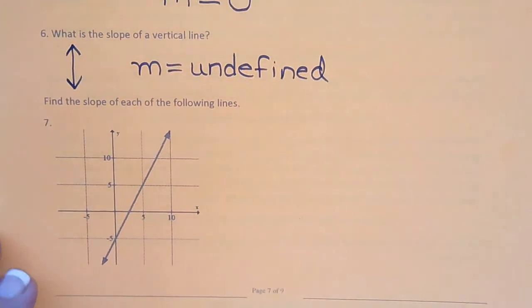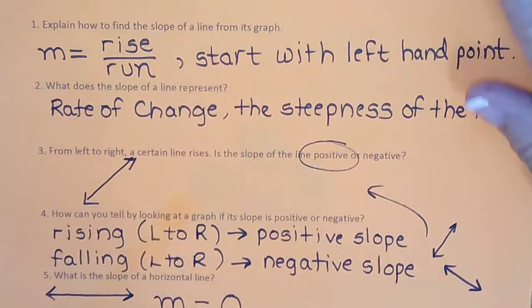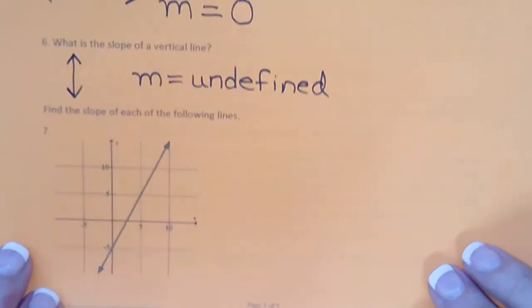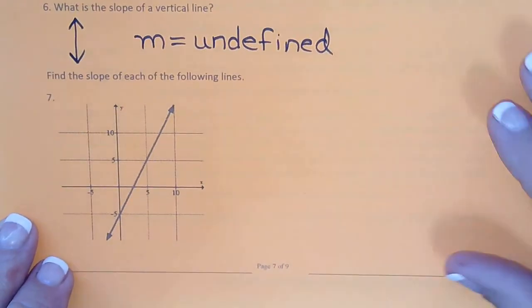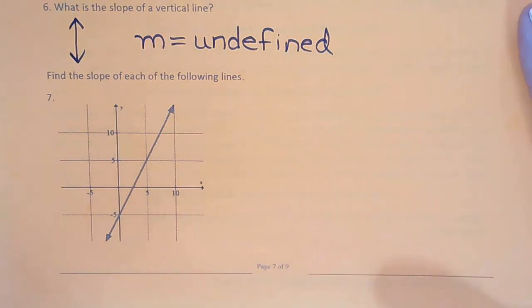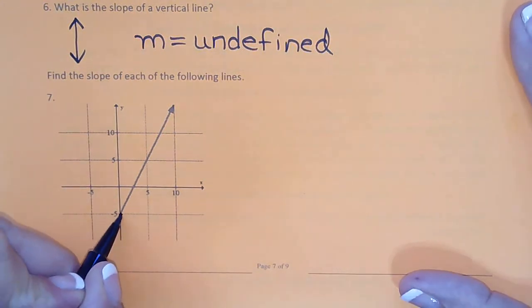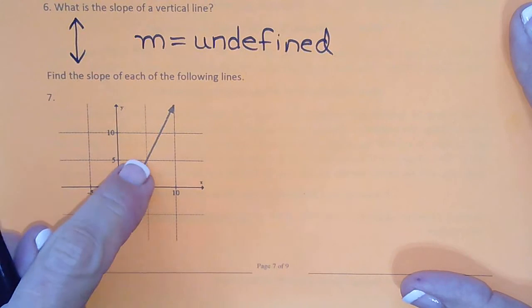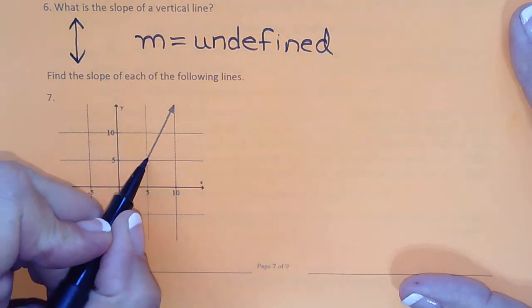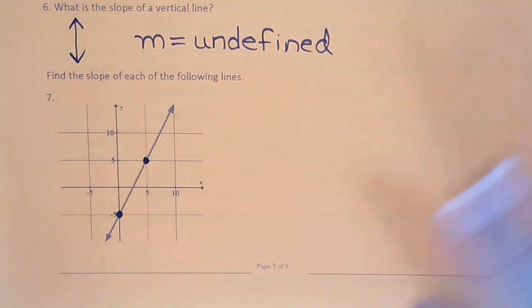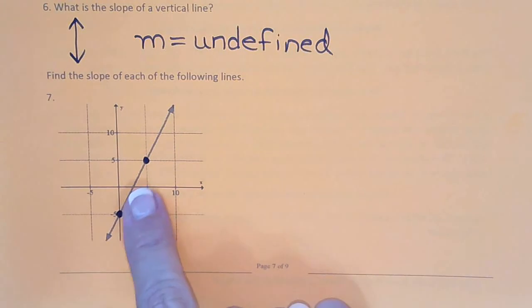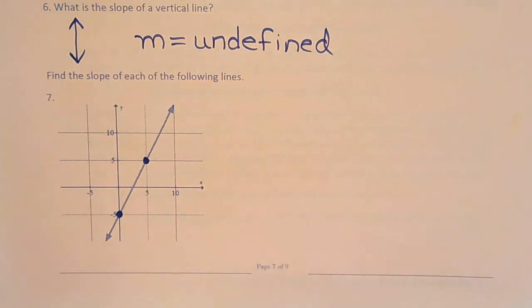So here we're going to practice our step 1 up here, rise over run. So we have find the slope of each line. The first and most important thing is you have to find 2 places where the line crosses right at what we call a vertex, a corner. So we can't use this point. I don't know if that's a half. I have no idea.